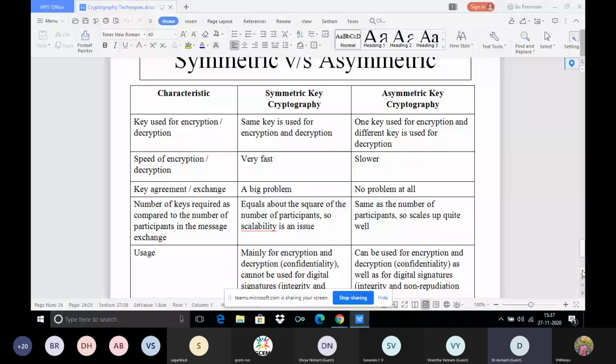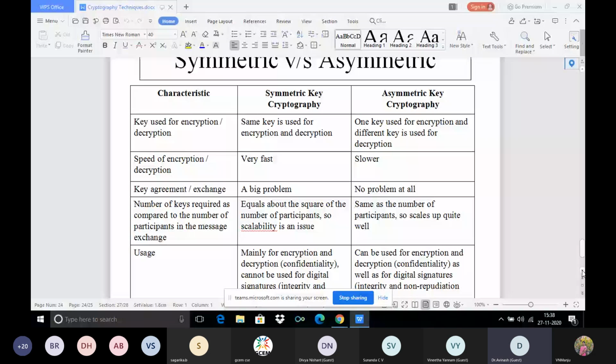So the first one, in the symmetric key cryptography, we use the same key for the purpose of encryption and decryption. But in case of the asymmetric key cryptography, we use one key for the encryption purpose and a different key is used for the decryption purpose.